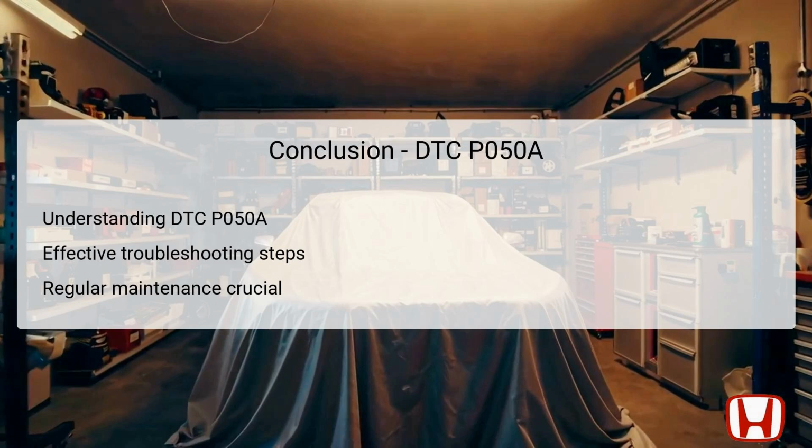Clear step-by-step troubleshooting, as outlined, is fundamental for addressing the specific problem areas related to airflow and sensor functionality. Equally important is establishing a routine preventive maintenance regimen to avoid future complications. By understanding and following these structured processes, vehicle owners can enhance the reliability and efficiency of their Honda CRV vehicles.